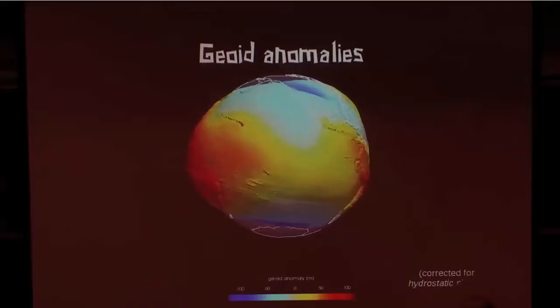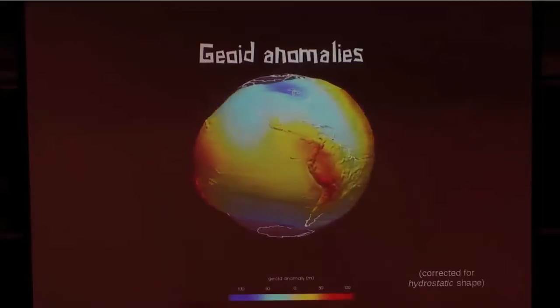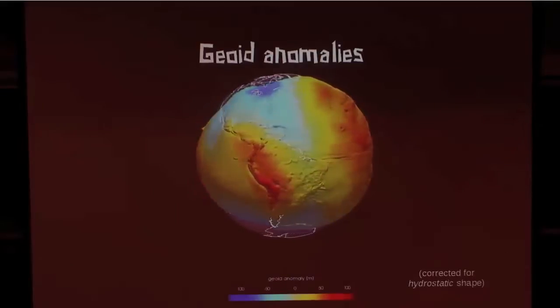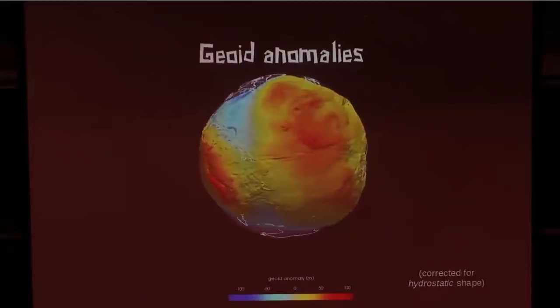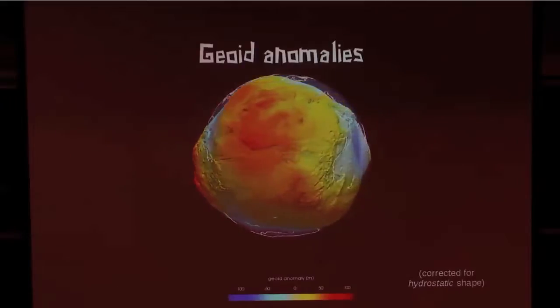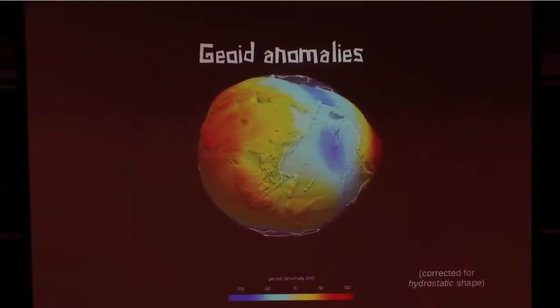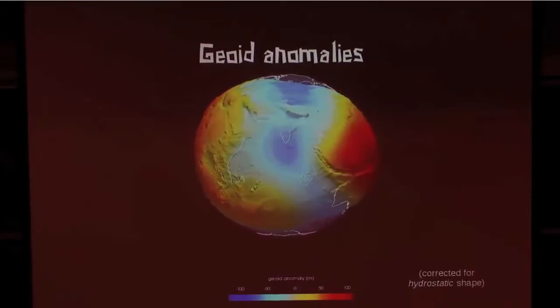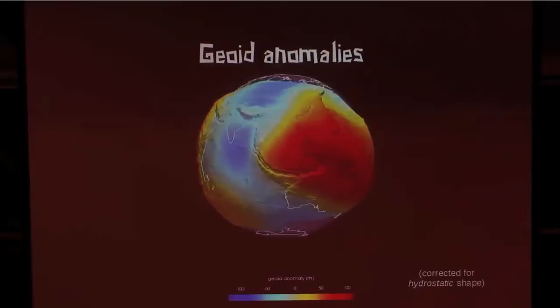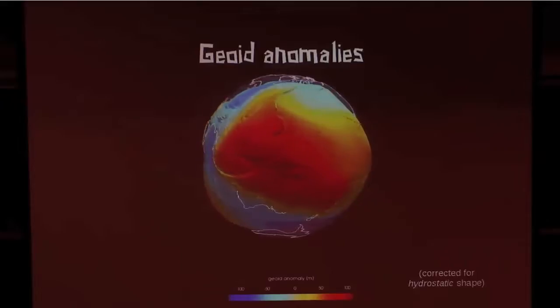In this crazy image that's in all the textbooks, if you build a channel throughout all the continents, it will be the water level in this channel. Now, because the Earth is spinning, the major signal is an ellipsoidal deformation from the sphere, as you've learned in your intro geophysics class.